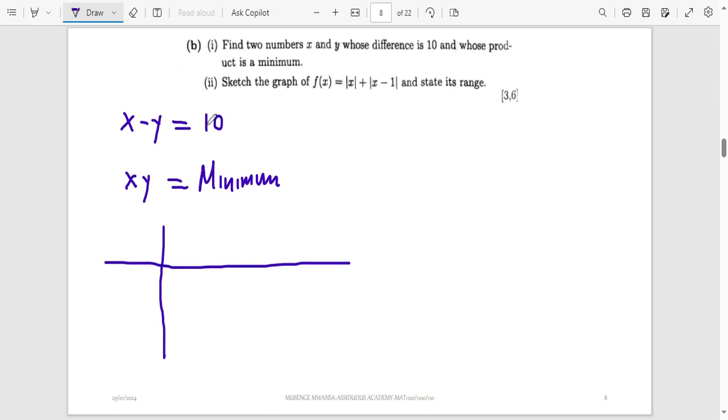Which will be giving you 10 when you subtract them. So let's say here we are having x, here we are having y. Okay, so let's say we have got 10 here. What should be the y value such that when we subtract we get a 10? So remember, their difference should give me a 10. So I need to have y being a 0. 10 minus 0 is going to give us a 10 there.